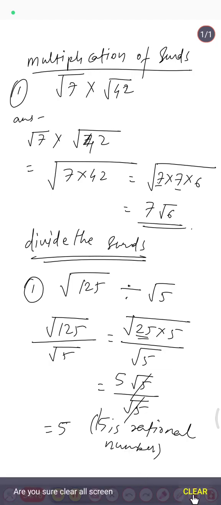Our next topic is rationalizing the surds.